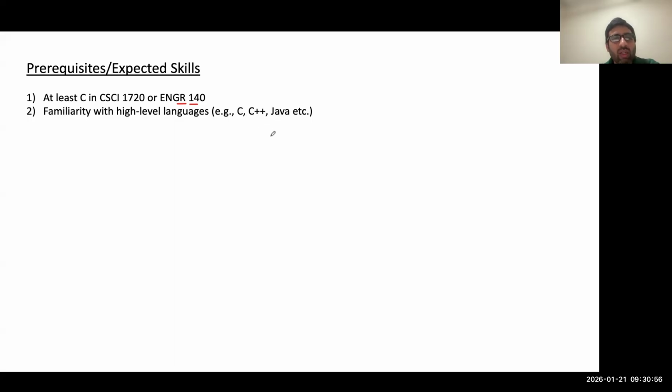We are not going to use any high level language code in labs, exams or quizzes, but in lecture slides we may have some snippets of high level language code, just to explain, for example, how a while loop works or how a for loop works and so on.